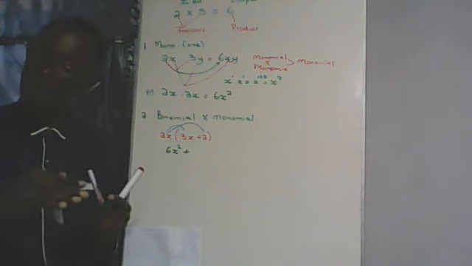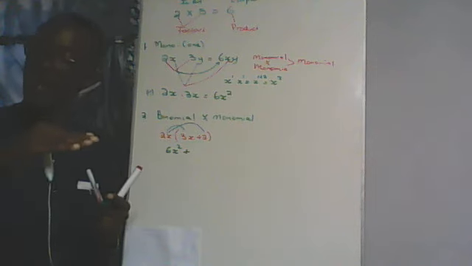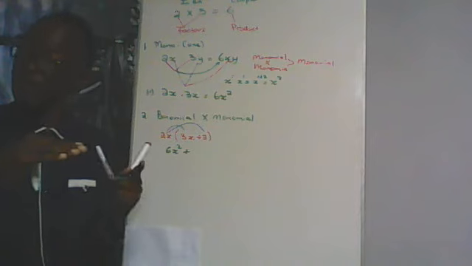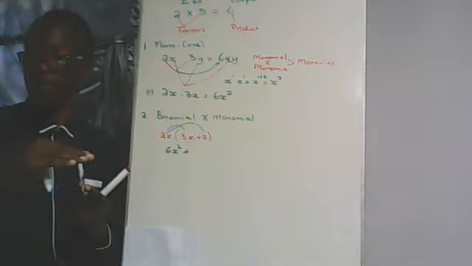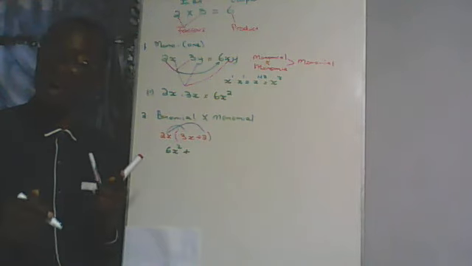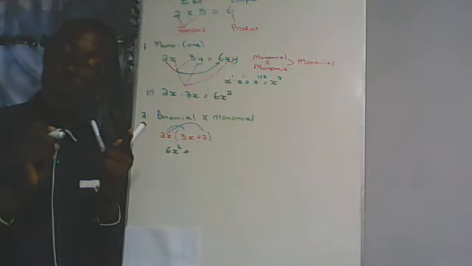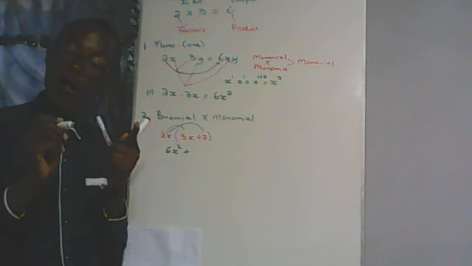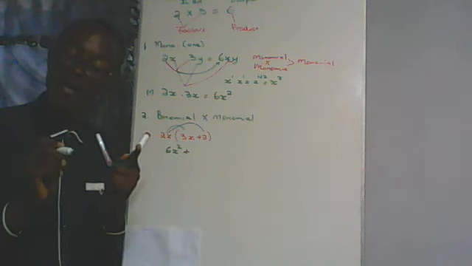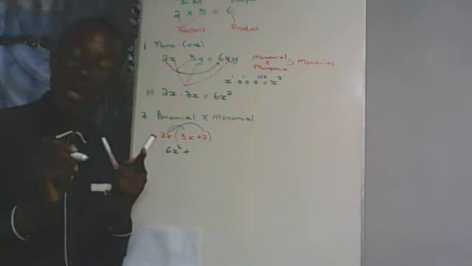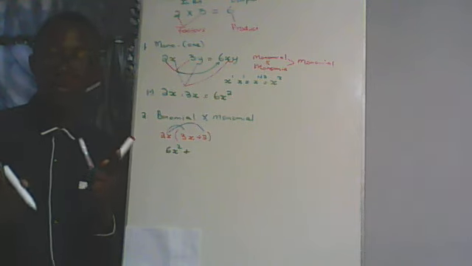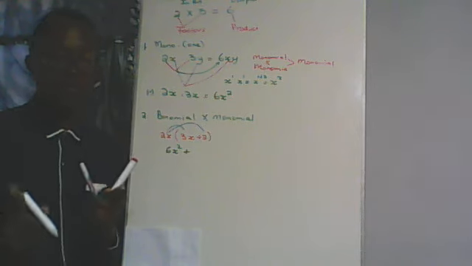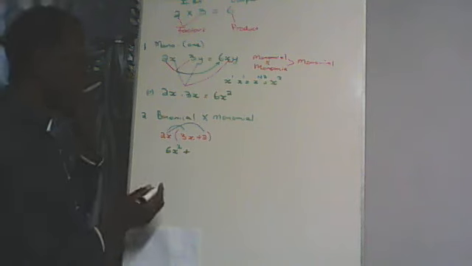When you multiply like signs, you get a positive. And if you multiply two unlike signs, you get a negative, guys. Remember that. So let's move on.